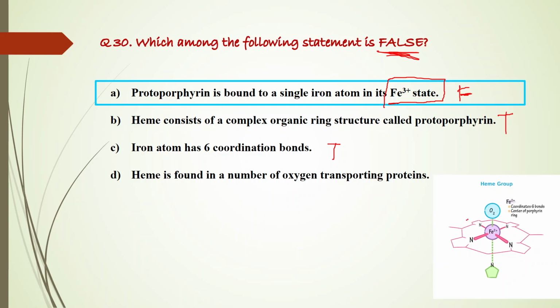This oxygen molecule is sitting above the plane, and this pyrrole moiety is sitting below the plane. Okay, so this is the structure of a normal heme. Now if you look at the coordination of Fe2 plus, this is 1, 2, 3, 4, 5 and 6. It forms 6 coordination bonds overall.